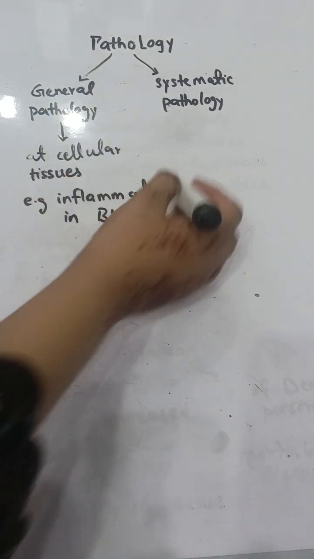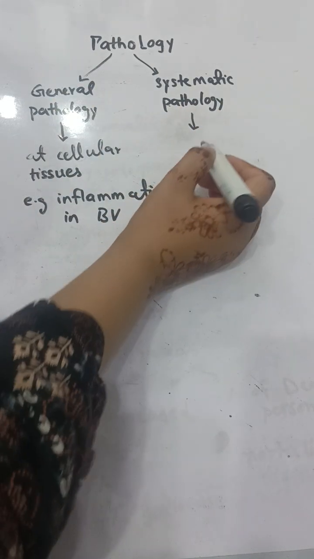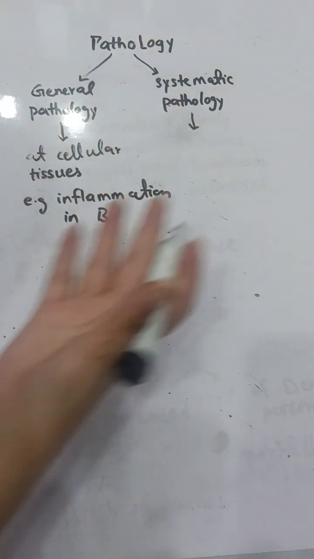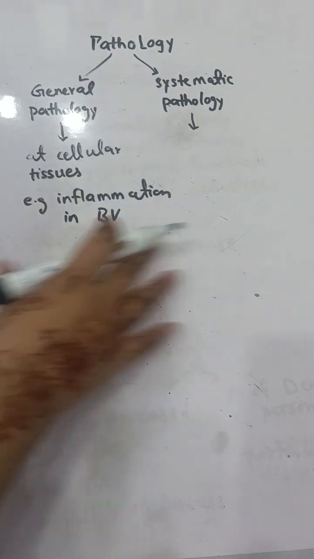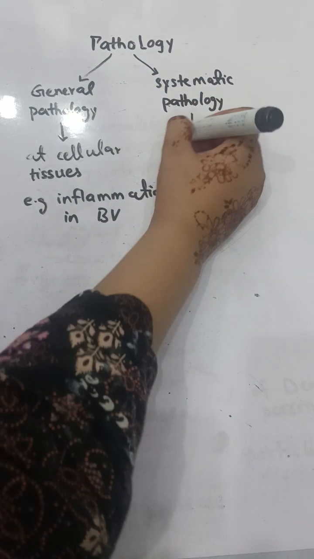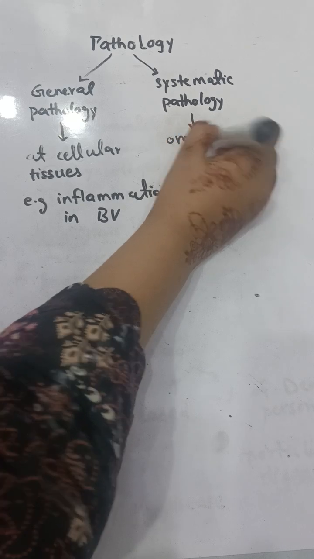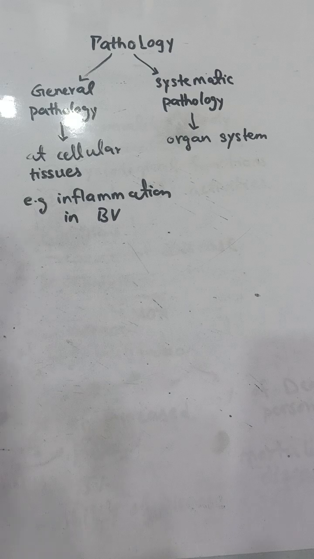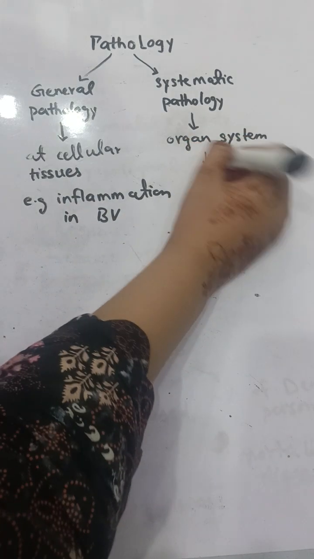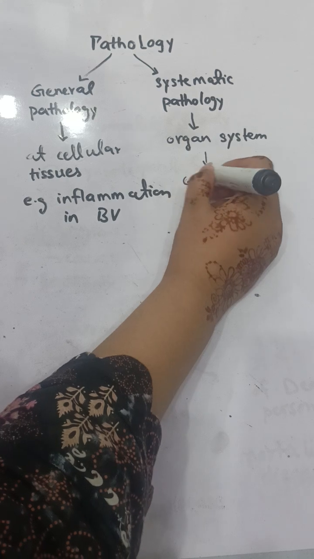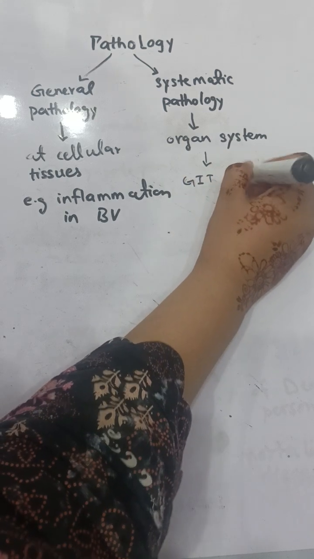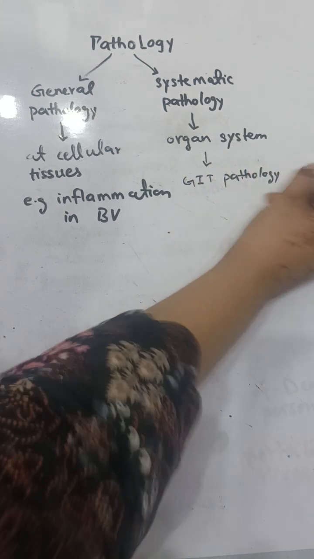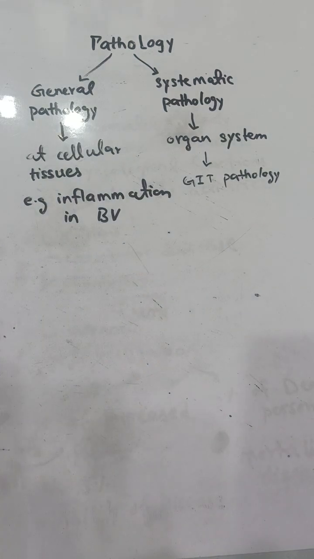Okay, so after that we study what systematic pathology is. This is the study of disease at the organ or organ system level. Our body has a lot of organ systems, like the GIT system. If I am studying the pathology in the GIT, like GIT pathology, I am studying how in our whole GIT tract some disease occurs in it.